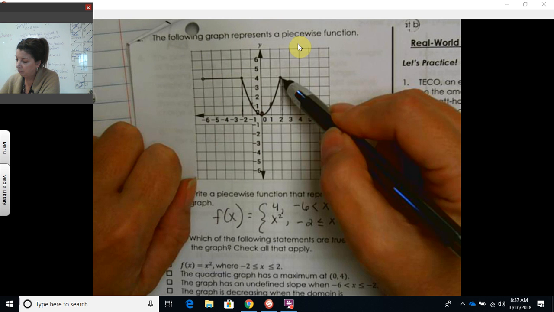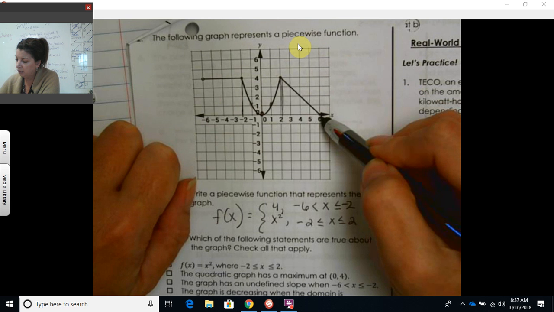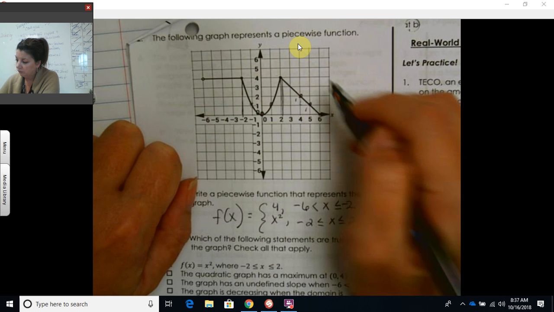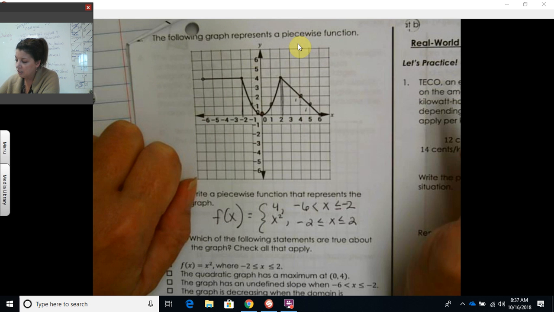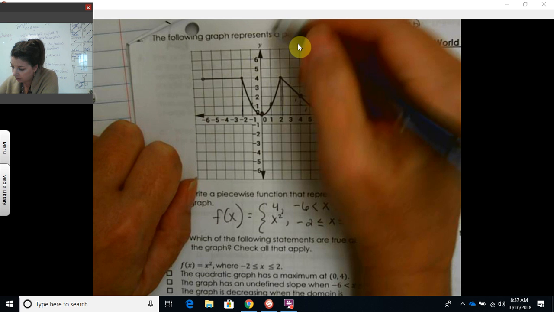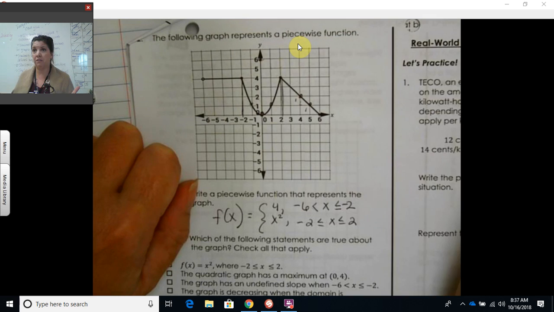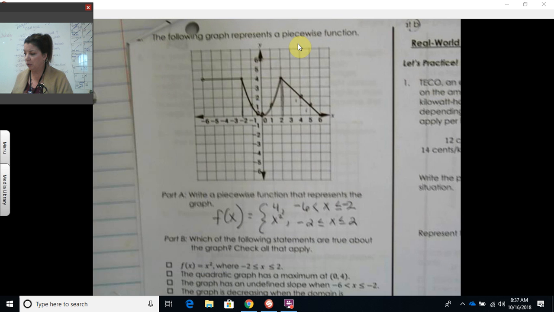And then what do we have here? What kind of function is that? Linear. And what's the slope? -1. Nice. What would the y-intercept be? 6, but it's not on the graph, but it's still part of the function, right? Because if I didn't include that, I would think the y-intercept was at 0.